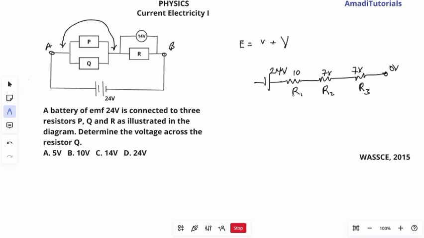That's what we mean by voltage drop. When a battery or a cell has a voltage, by the time it begins to supply loads or resistances, each resistance is dropping the voltage. So the voltage you measure across R1 will not be the same across R2 and R3, except all the resistances are the same. Each resistance takes its own voltage. That's what we mean by voltage drop.